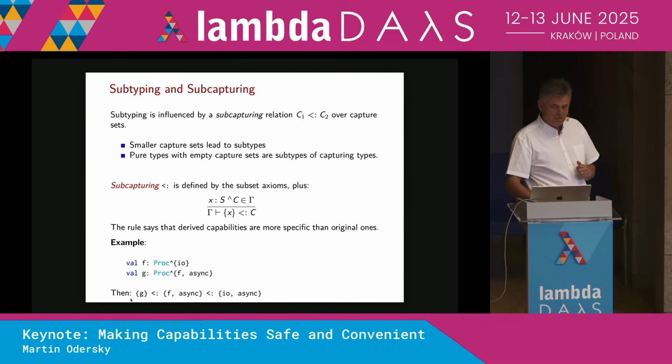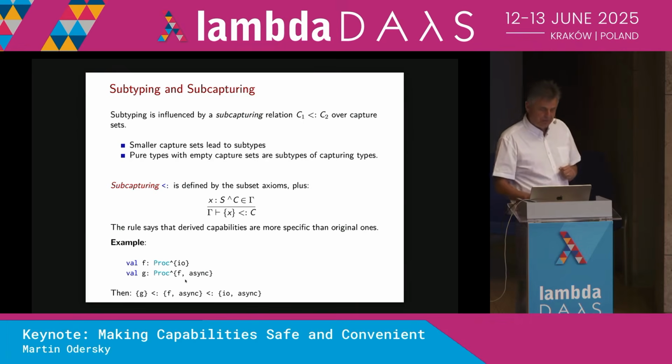So holding g doesn't mean you can do f and async. It means you can do just the g encapsulated, so it's purer than that. But if somebody needs an f and async, then you can pass a g. Then the f and async is a subset of I/O and async because f gets widened to I/O here, and async stays alone.